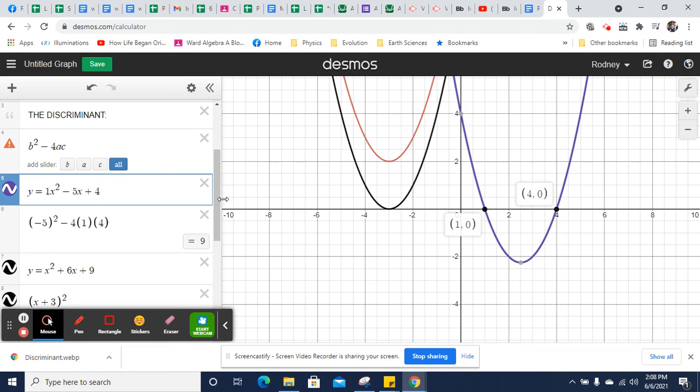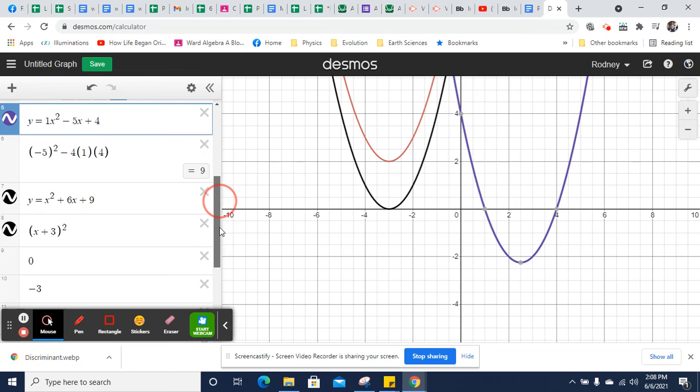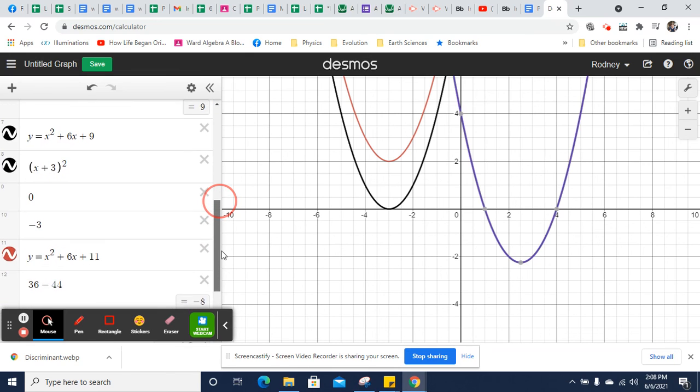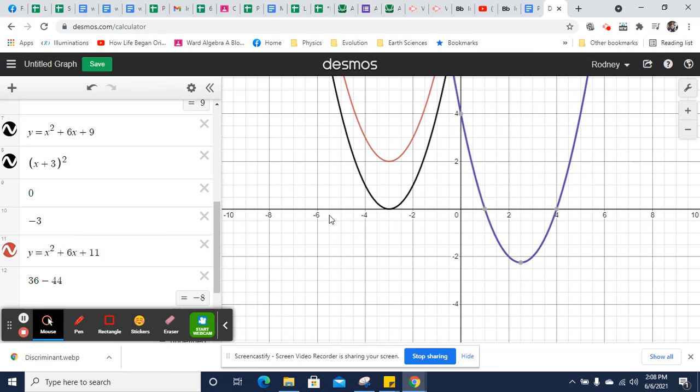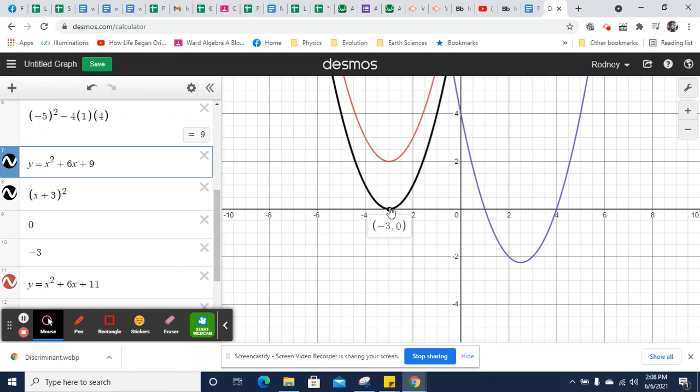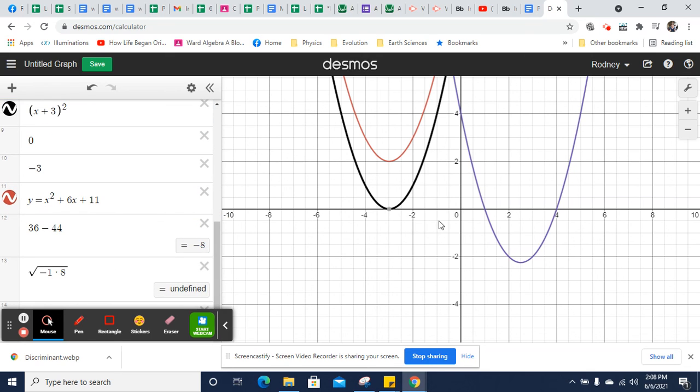You won't have to deal with any radicals. If the discriminant is 0, then you're going to have one solution, one x-intercept. If the discriminant is negative, you're going to have to go outside the real number system to get solutions, and so your parabola won't touch the x-axis. It'll be considered to have no real solutions.